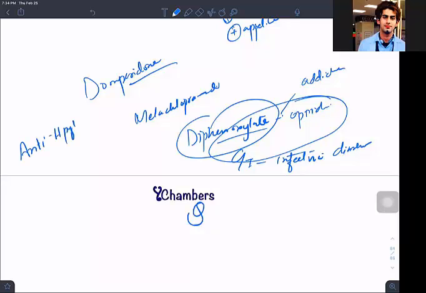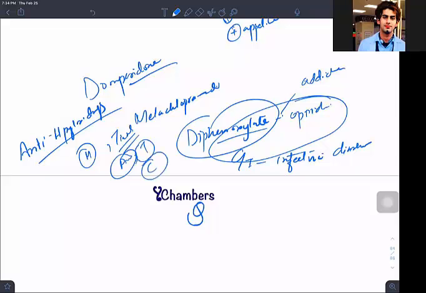We have metronidazole, tinidazole, amoxicillin, tetracycline, clarithromycin, CBS, which is colloidal bismuth subcitrate, and omeprazole and lansoprazole.